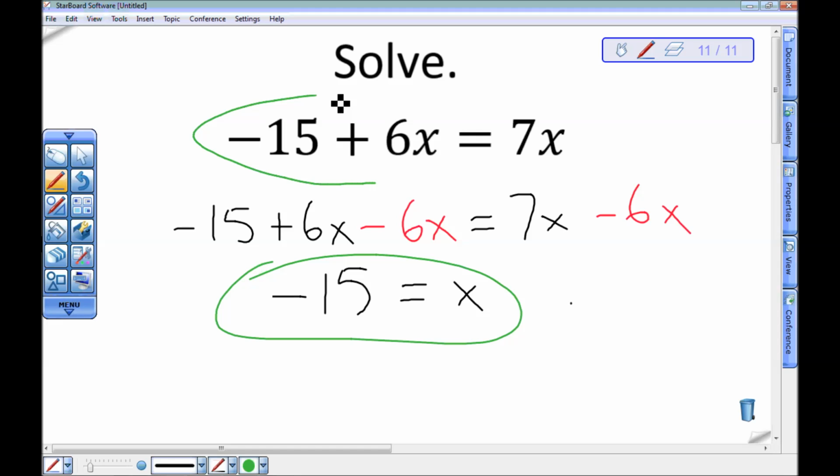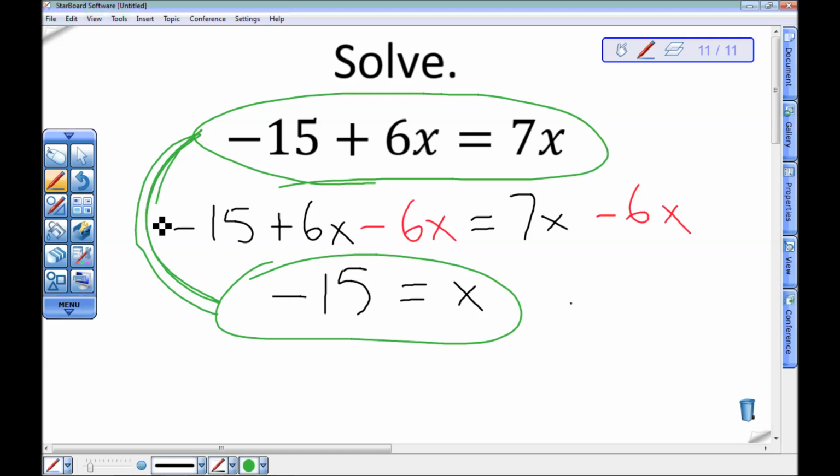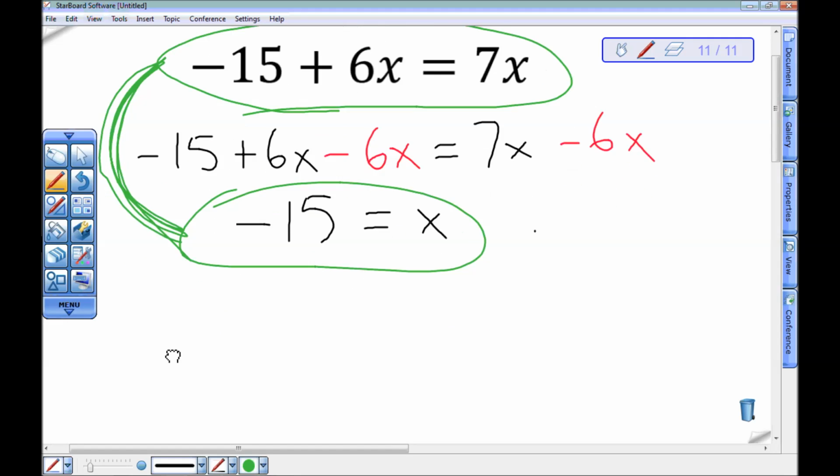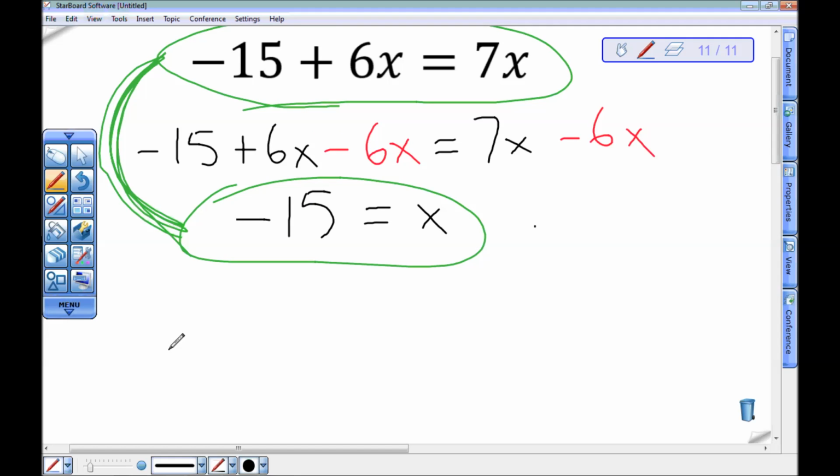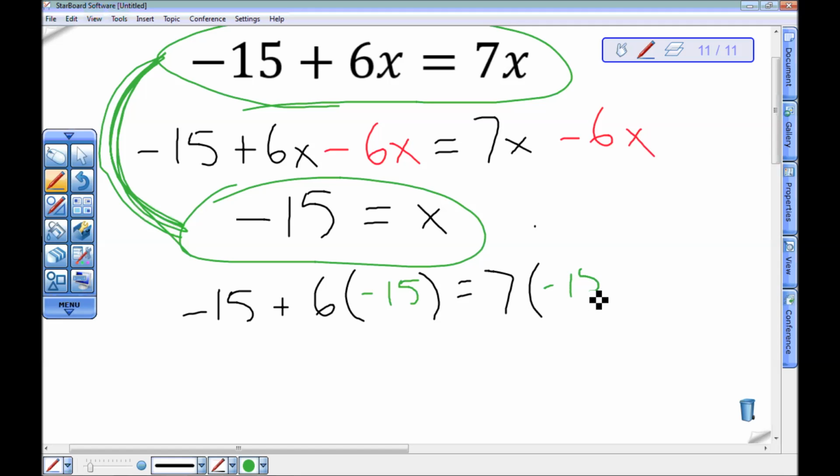Since I followed the rules and kept equivalent equations, the solution to this equation and the solution to that equation should be the same. So I think negative 15 is my answer, and just to make sure I didn't make an arithmetic mistake, I'm going to check: negative 15 plus 6 times negative 15, is that equal to 7 times negative 15?